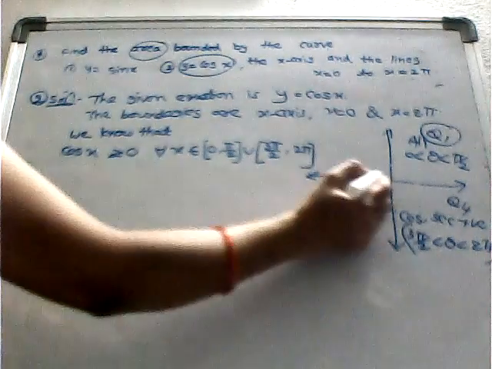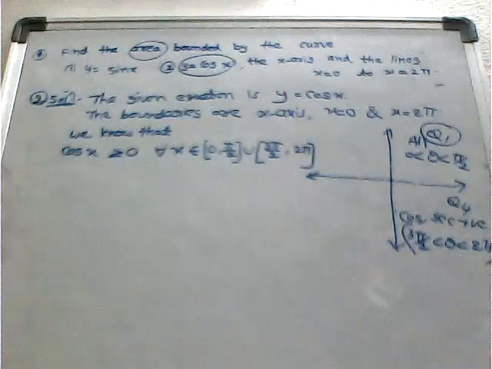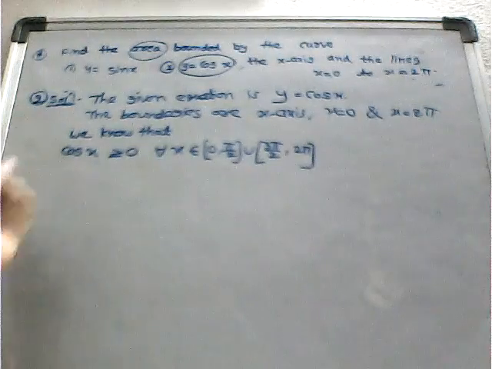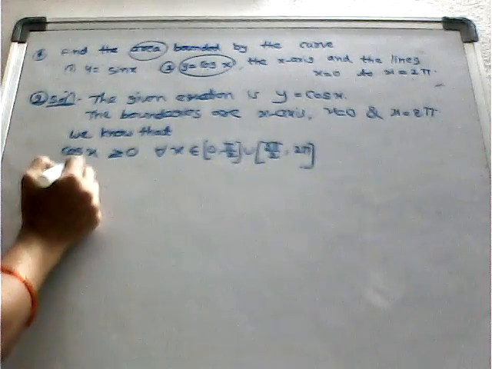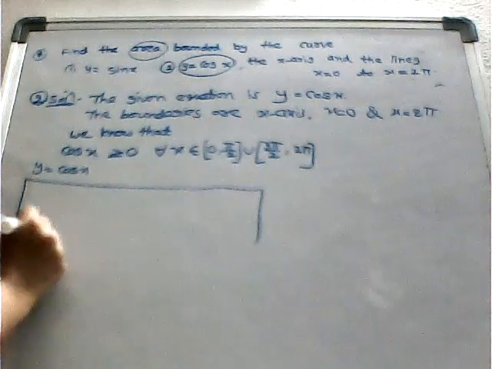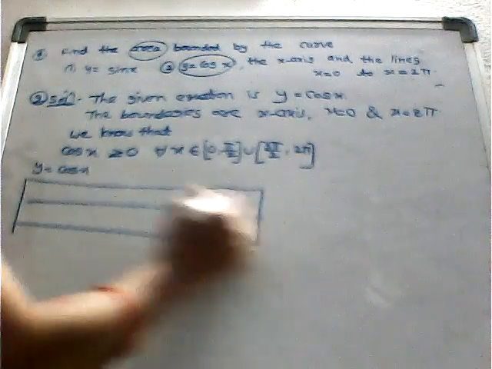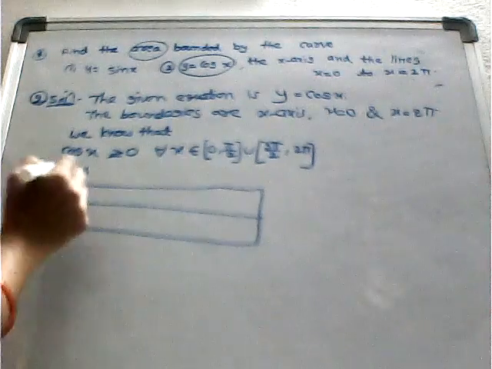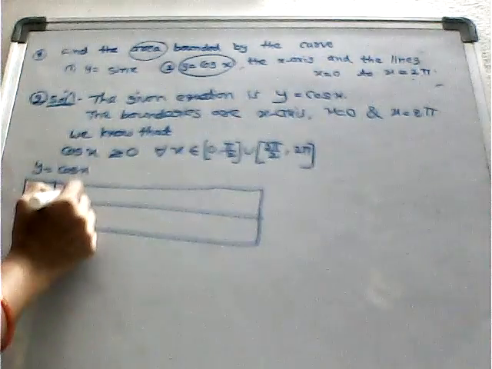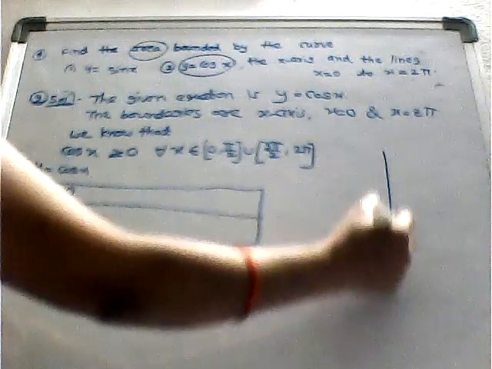So now we take y is equal to cos x function. Table: x values, y values. X is taken from 0 to 2 pi, starting at x is equal to 0 with the difference pi by 2.